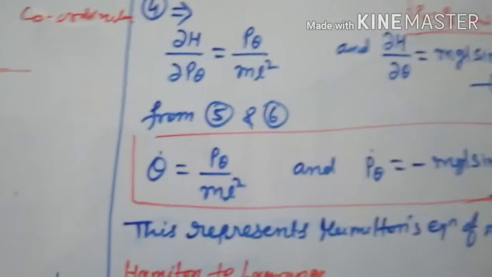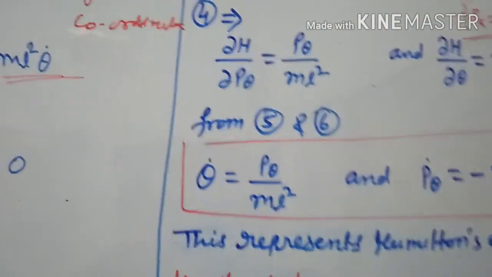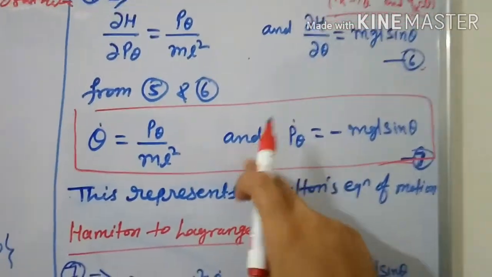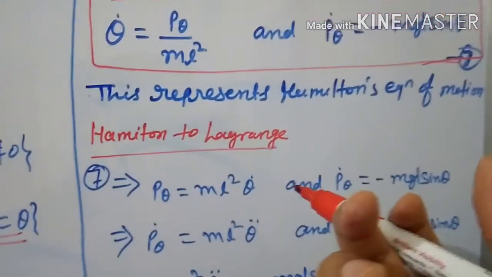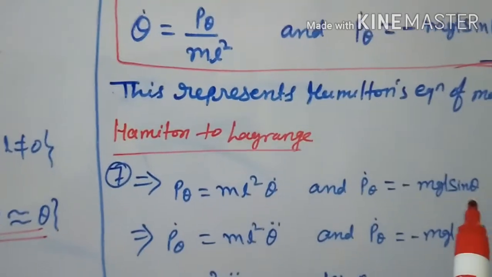Now, if we want to find the Lagrange equation from this Hamilton equation, then this process may be described as follows.